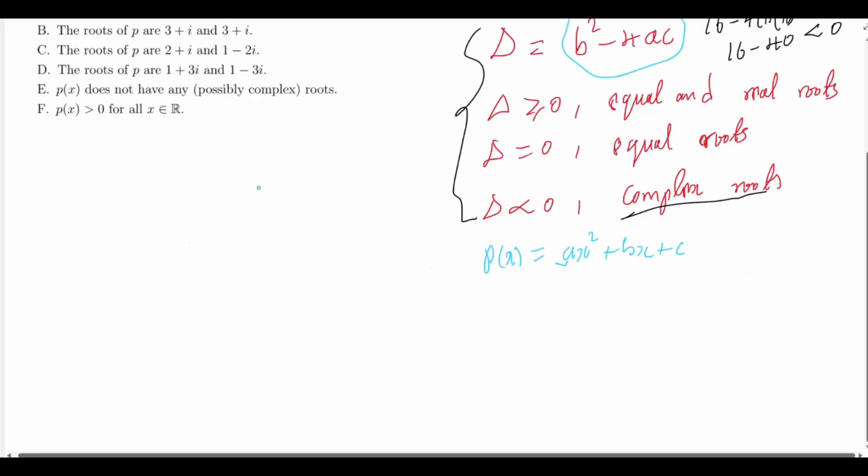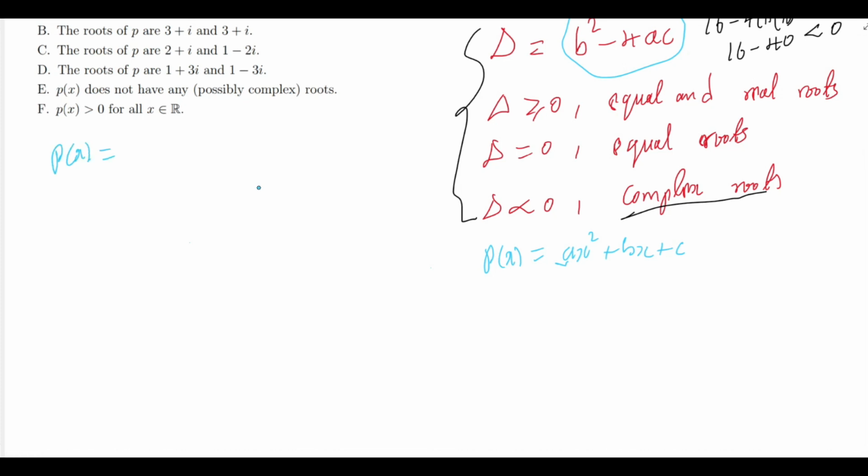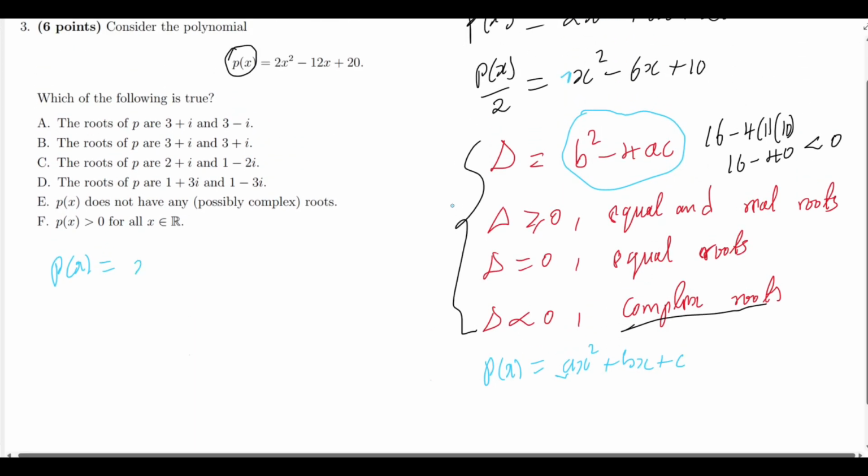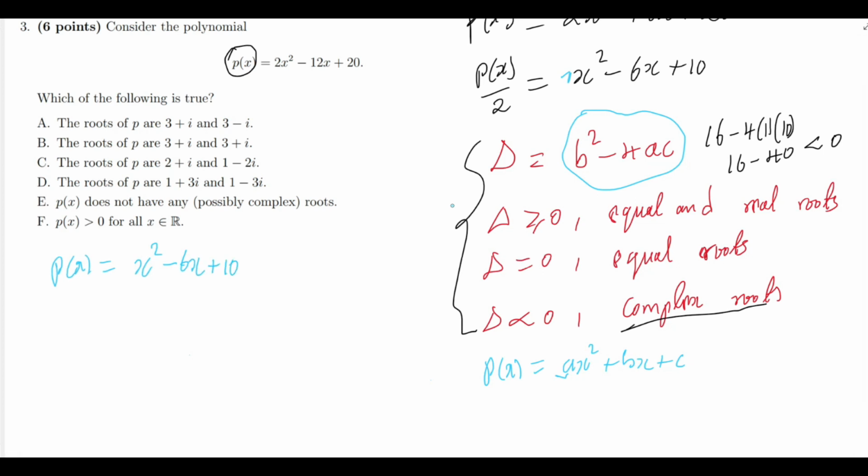Using the completing the square method, we have our polynomial p of x equal to x squared minus 6x plus 10. The method says that we add and subtract half the coefficient of x, squared, to find the perfect square in our expression.